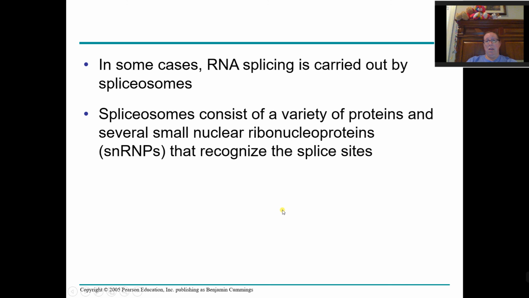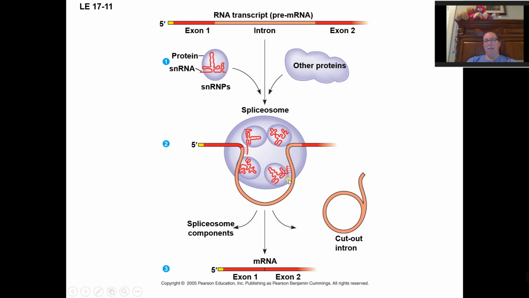Okay. And there's various ways to do this. It can be splicing with spliceosomes, and I like to think of them as they splice or slice. I call these snippers. These are small nuclear ribonucleoproteins, kind of a mouthful, that recognize the splice sites. So here's just one example of it.